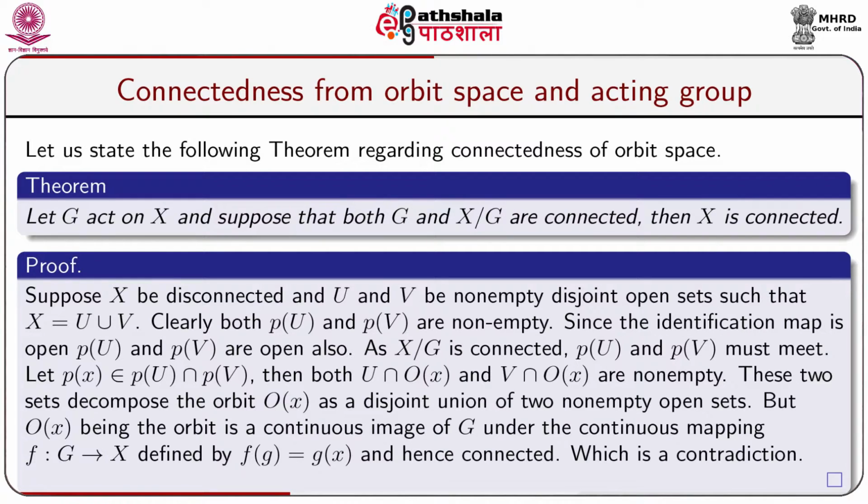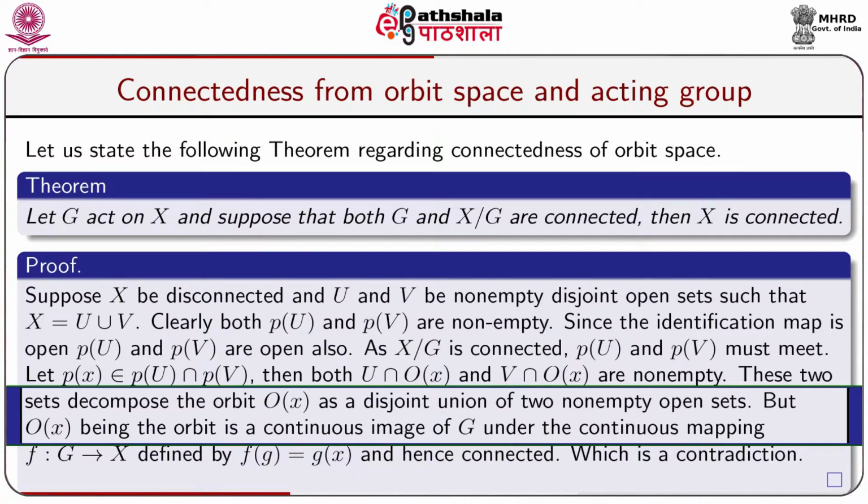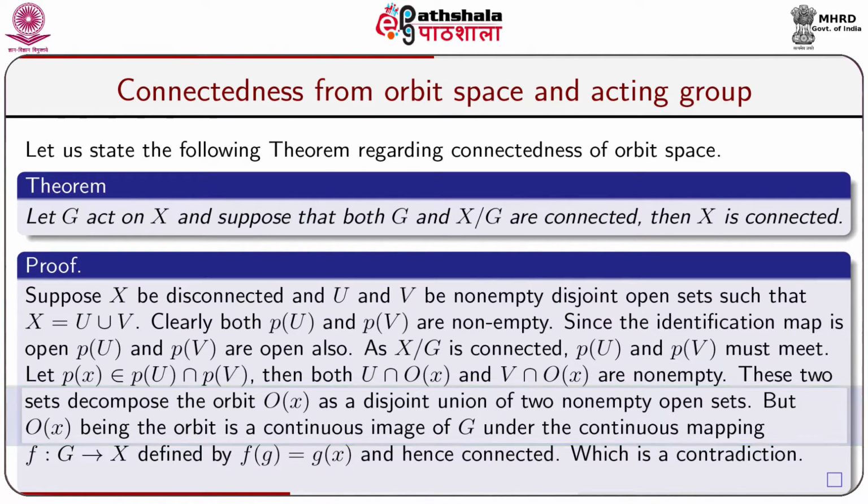These two sets decompose the orbit of X as a disjoint union of two non-empty open sets, but the orbit of X being a continuous image of X and hence connected, which is a contradiction. Therefore, X must be connected.